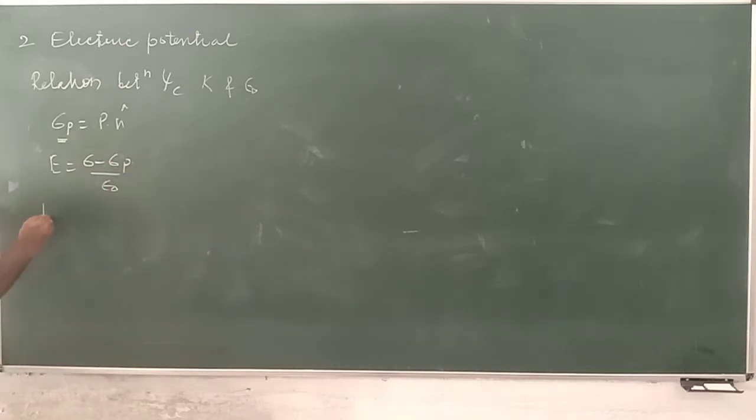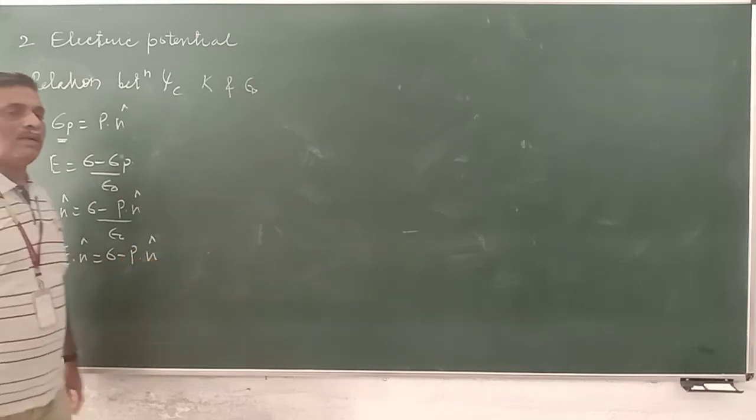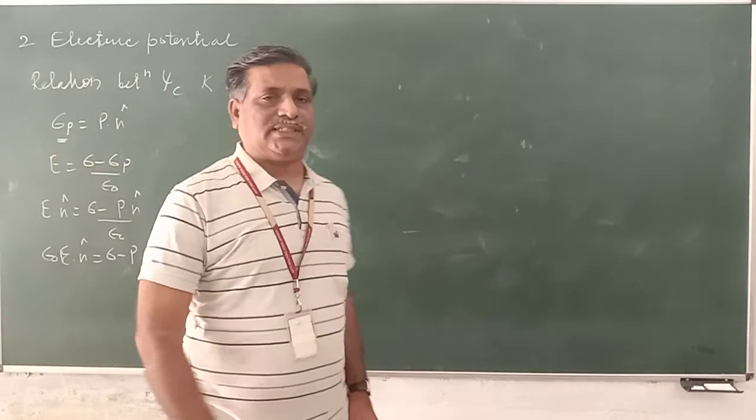In vector form we can write it as E is equal to sigma minus P dot n divided by epsilon 0. Therefore, epsilon 0 E dot n is equal to sigma minus P dot n, where n is the unit vector normal to the surface.